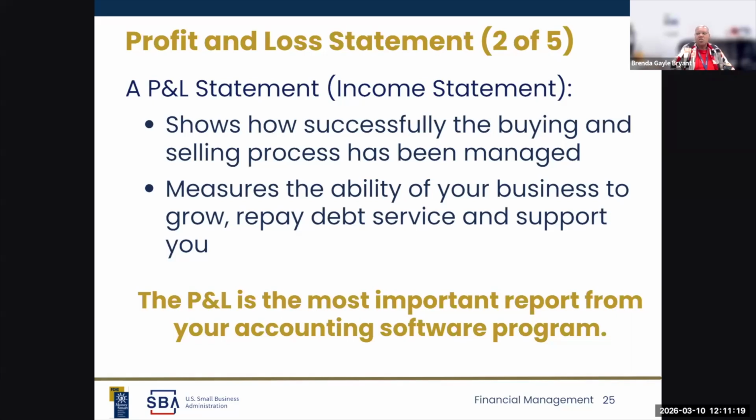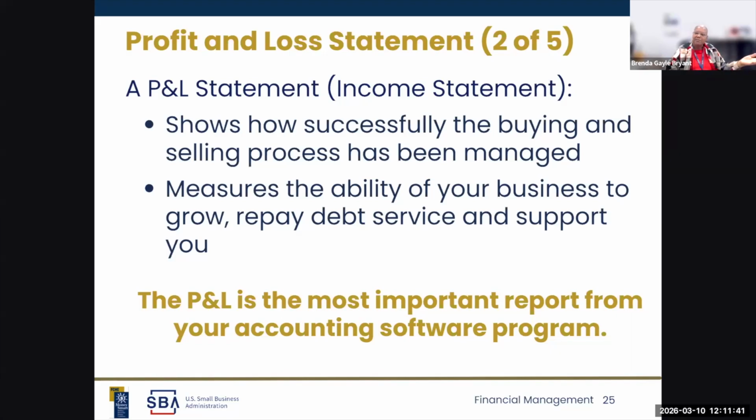So it's also called a profit and loss statement. It's called a P&L. It's called an income statement. And then there's this long name from accountants, and I can't remember what it is. I'm sorry. But it shows how successfully the buying and selling process is working.